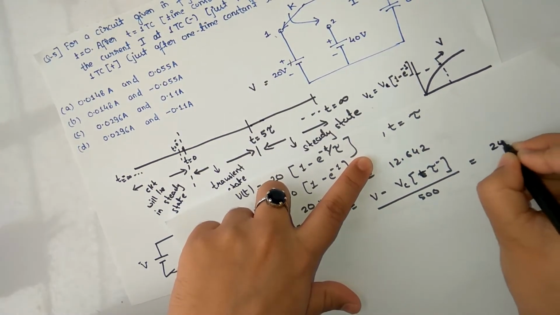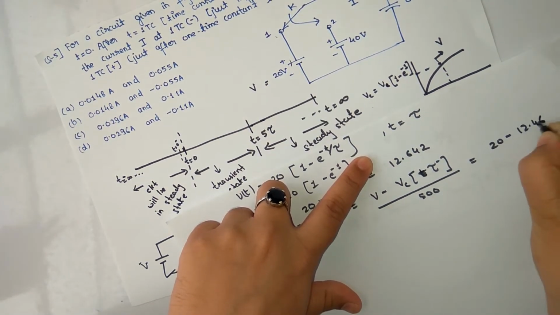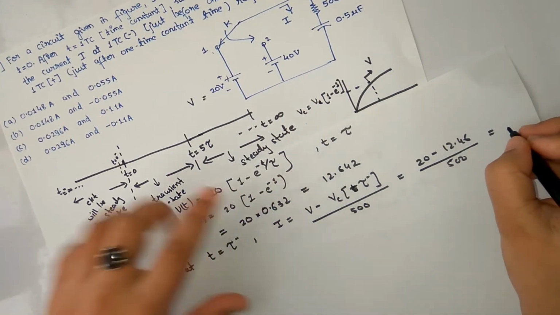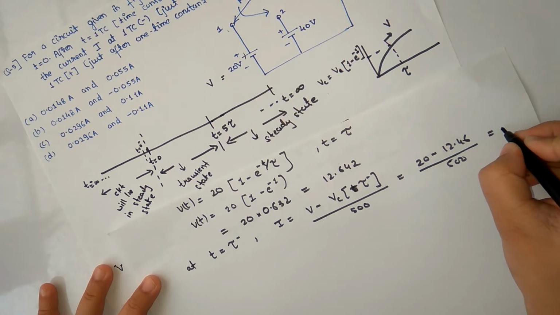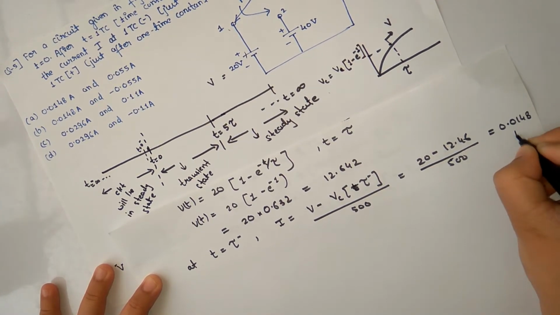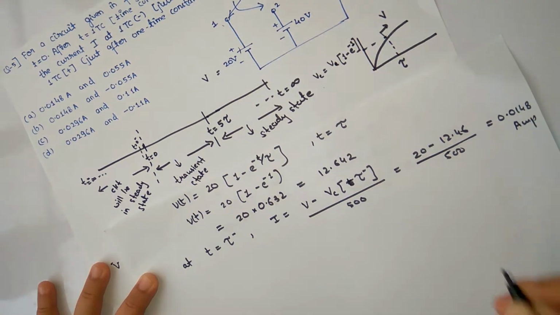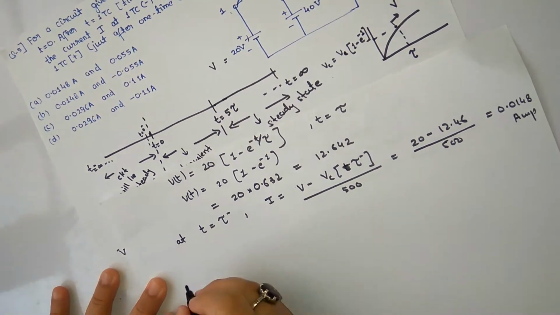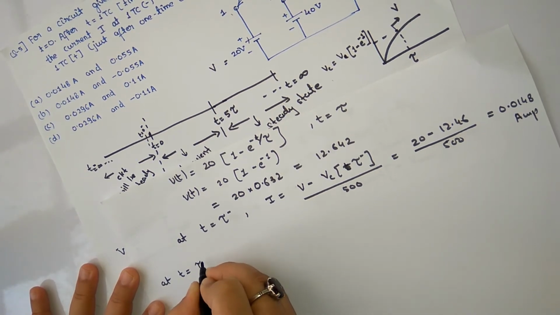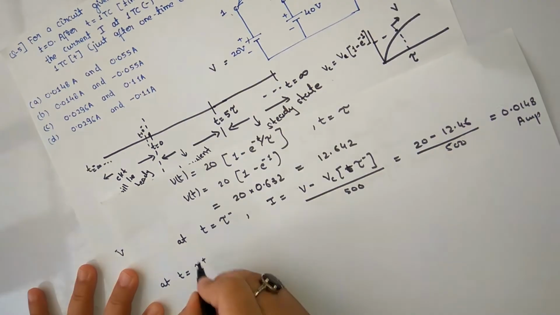So this will be 20 minus 12.642 upon 500, which is equal to 0.0148 amps.